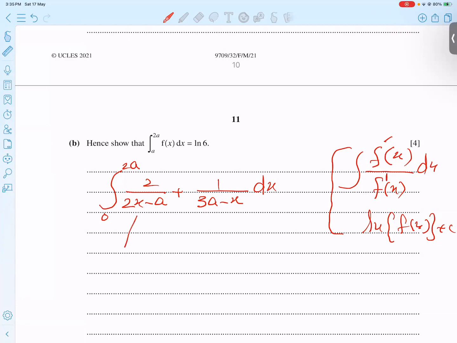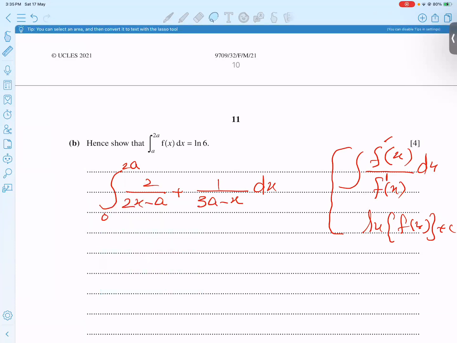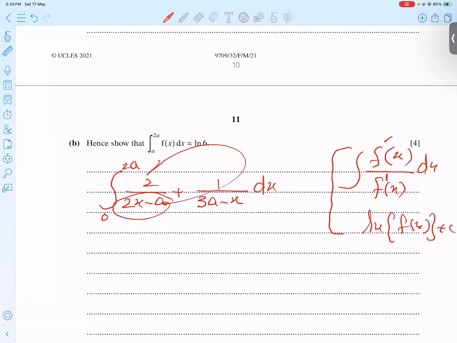What is the derivative of this base? 2x is 2 and a has a 0. Finally, I got 2. Is this 2 available? Correct. So we can say the function is in the denominator, its derivative is available, and the power of the function is 1. I can say log of 2x minus a. So this part is done.